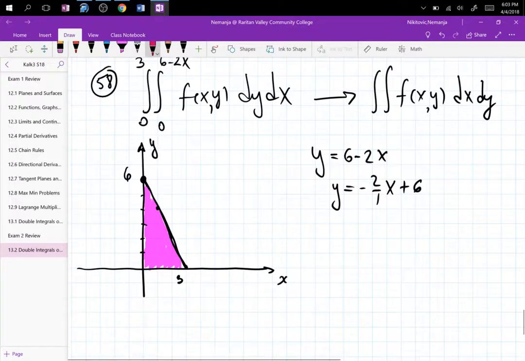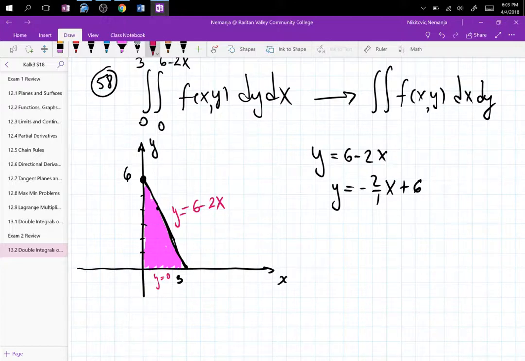This function over here, y equals 6 minus 2x, that's the bound for our dx from the top. The bound for our dx from the bottom is y equals 0, which is the x-axis. Oh, perfect, right? Now I need the left and right bounds for dy.